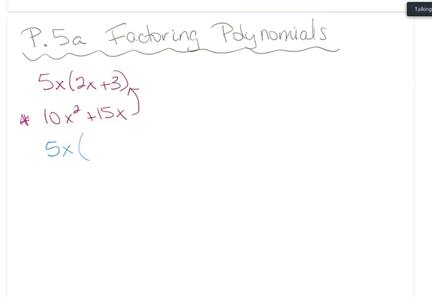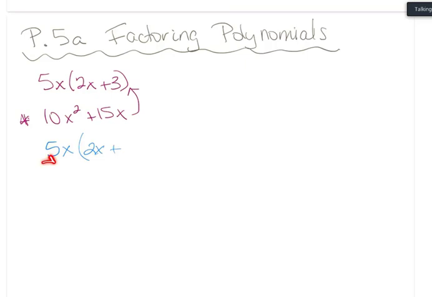So that's my factor that I'm pulling out. Now I got to figure out what I got to multiply that by in order to get back to where I was. If I'm at 5, and I want to get to 10, I got to multiply by 2. And I'm at x, but I need to get x squared, so I need to multiply by x. I got a plus, so I'm just going to bring that plus over.